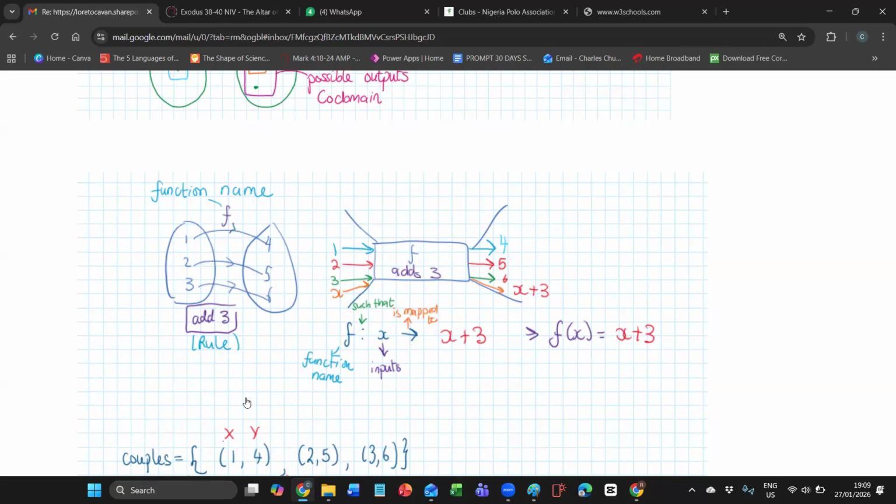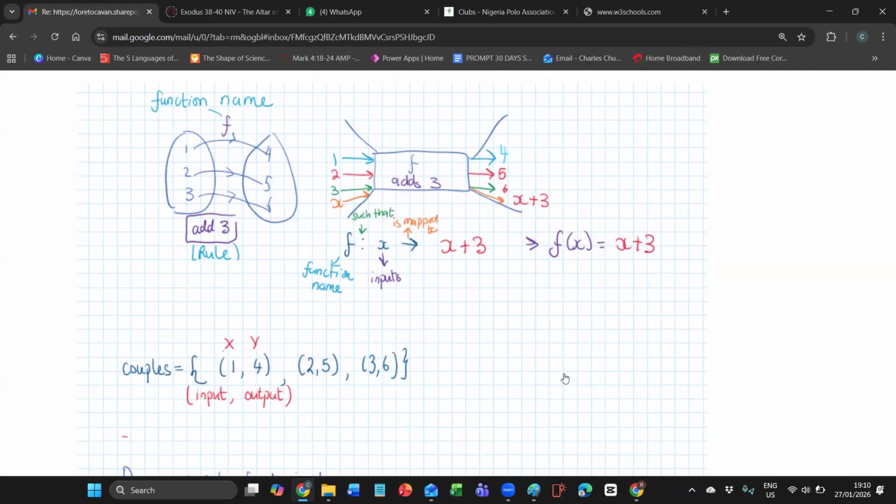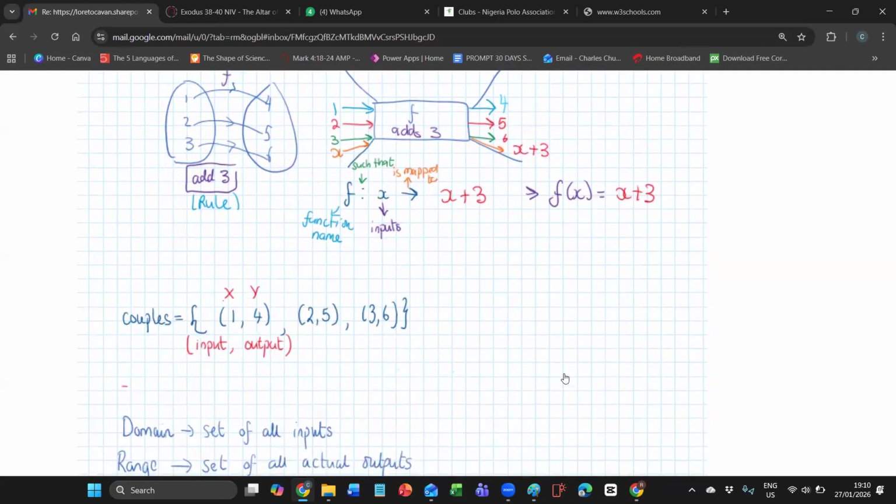To say something is a function of another thing, we use that expression, f of x. Y is a function of x.